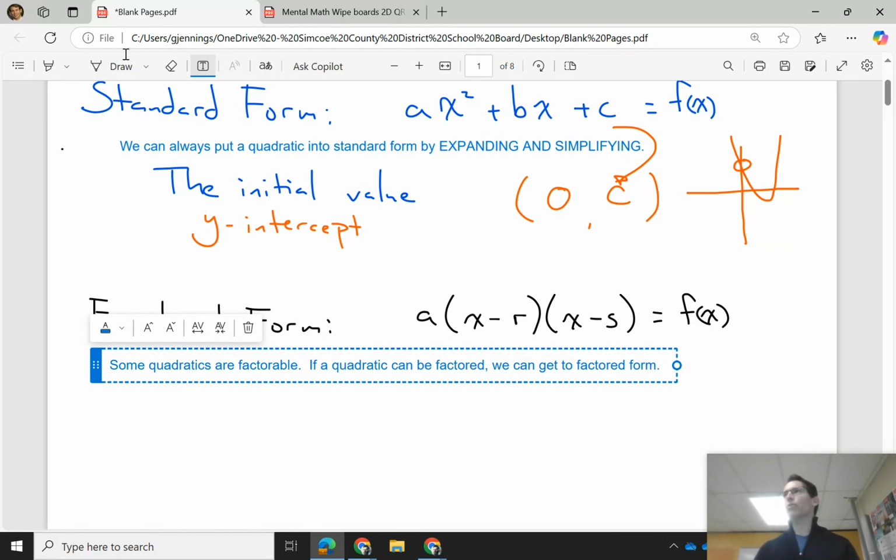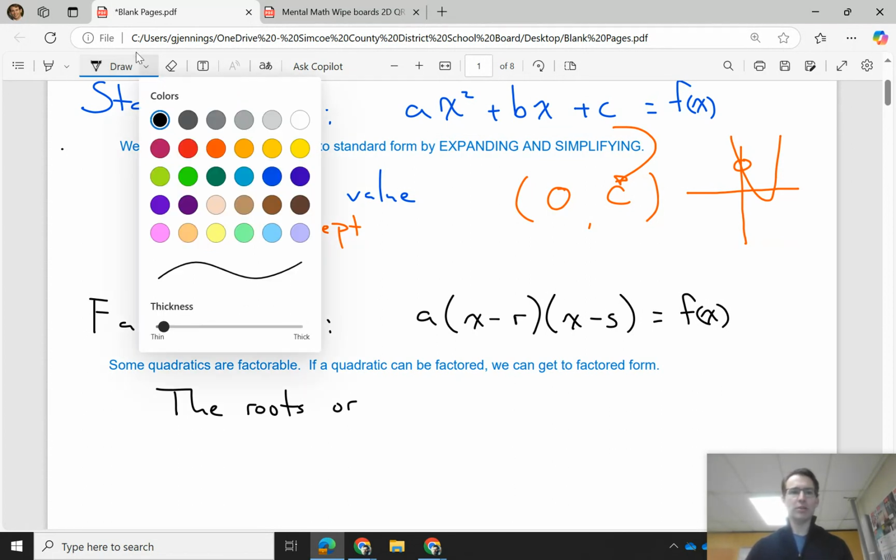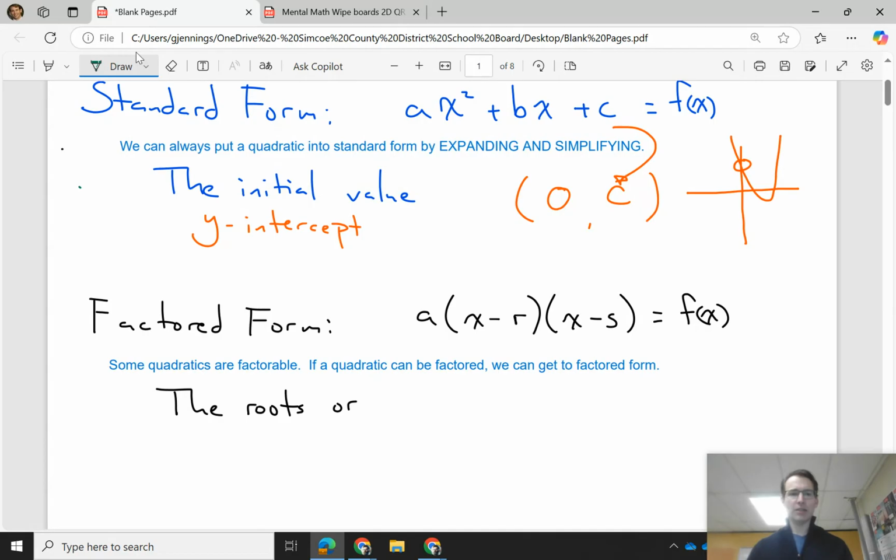So we get to factored form by factoring. Pretty straightforward that way. And the information that factored form gives us are the roots. Or, in other words, the x-intercepts.